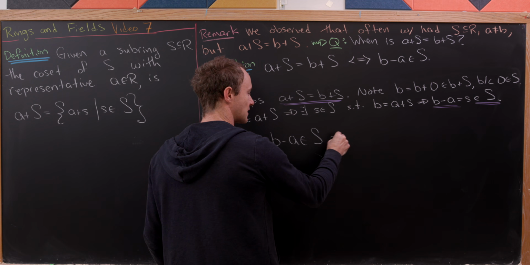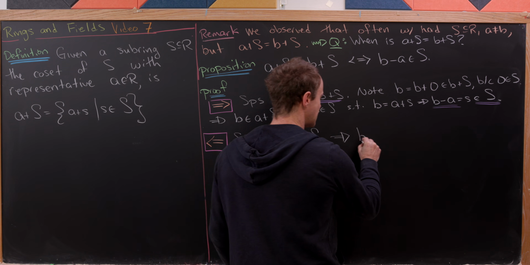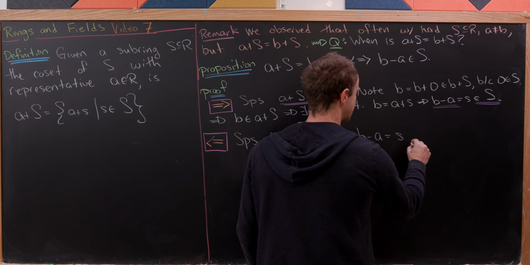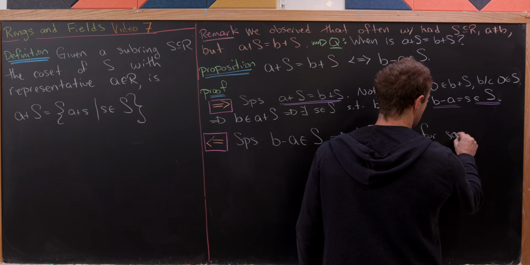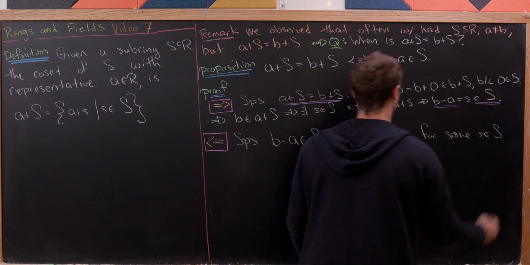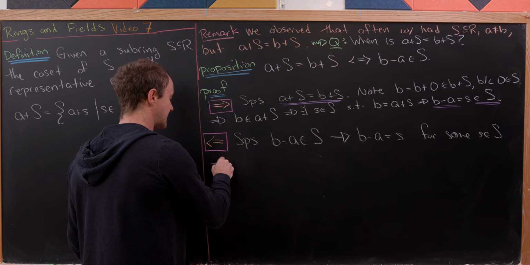But let's observe that means that B minus A is equal to little s for some little s in big S. But now we can see the following.